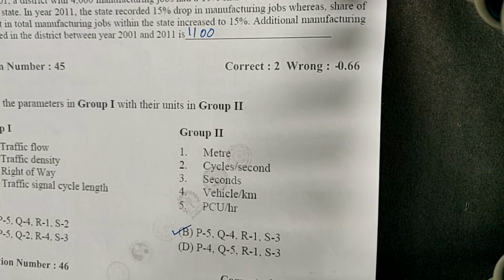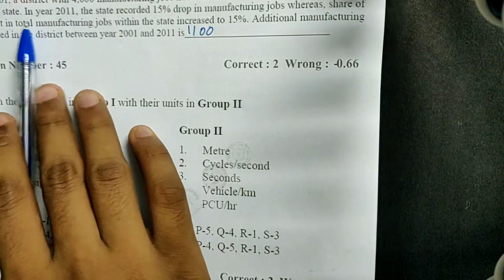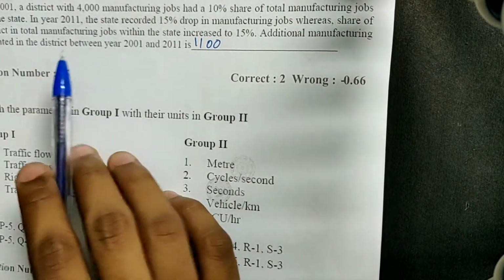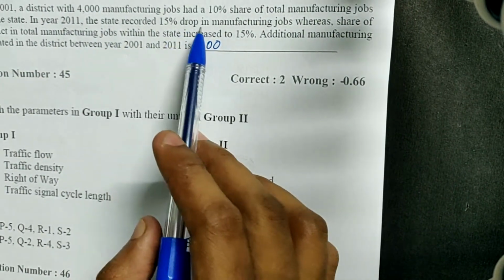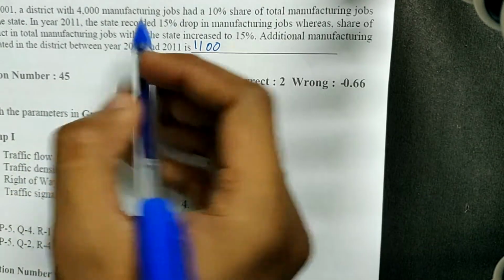The next question is, in year 2001, a district with 4,000 manufacturing jobs had a 10% share of total manufacturing jobs in the state.